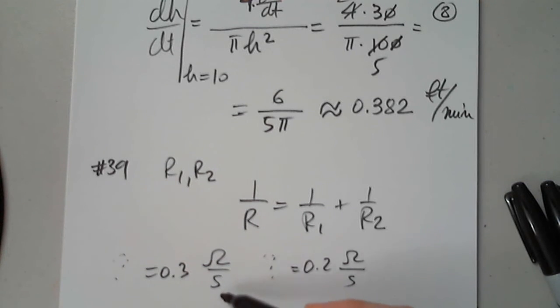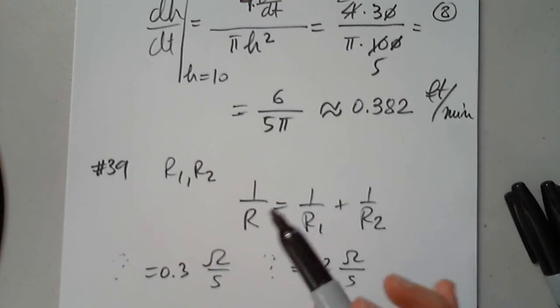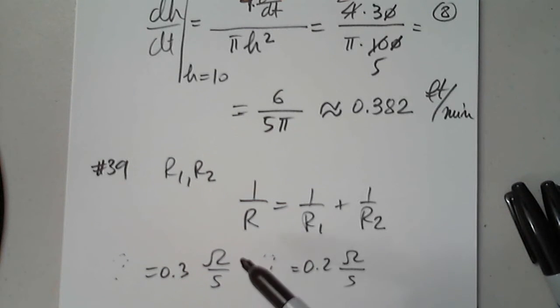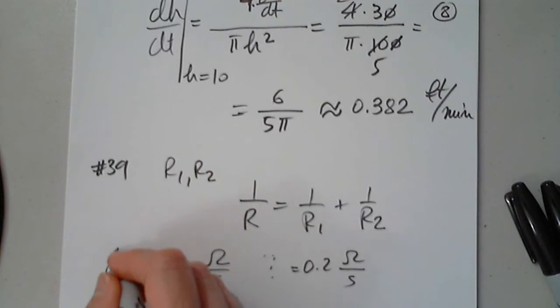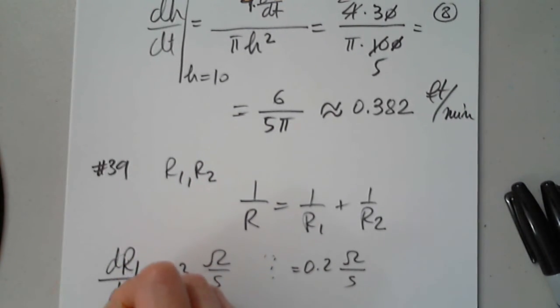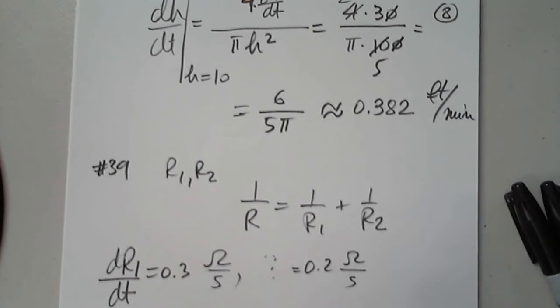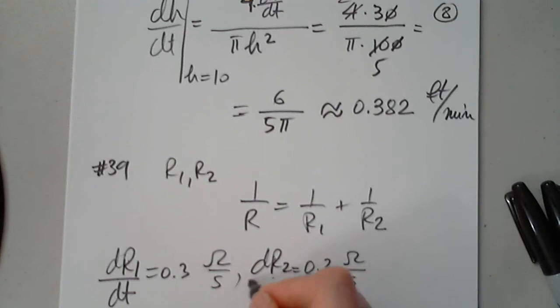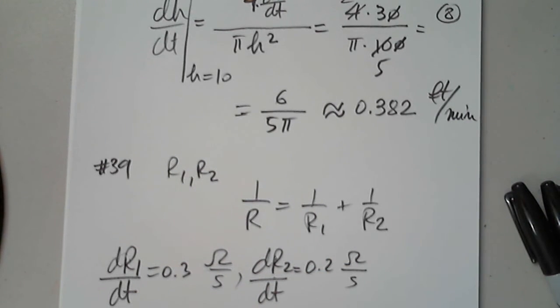It's a rate of change. I cannot write R1. It's a rate of change. dR over dt? dR1 over dt. Awesome. Yes. Great. And dR2 over dt. Very good. Now we can read on.